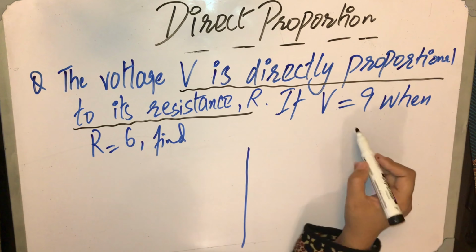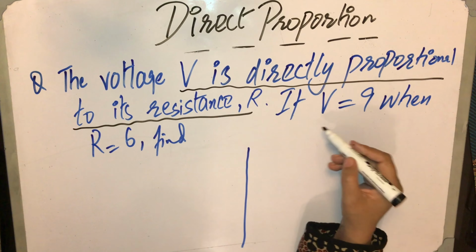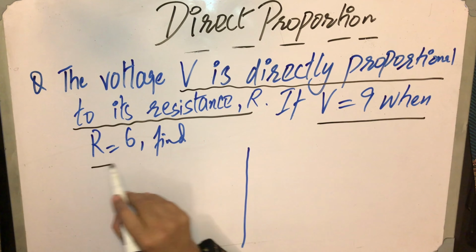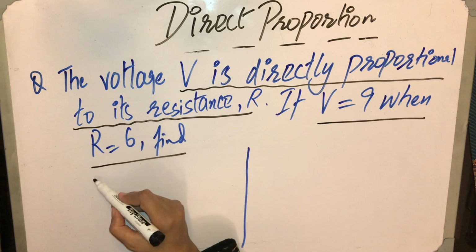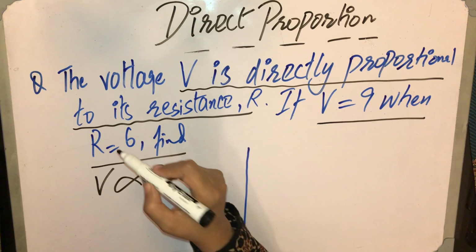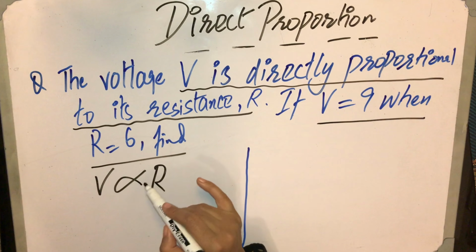So basically we are working on these things. We are not working on voltage or resistance. We are working on the variables V and R. If V is 9 when R is 6 and V is directly proportional to R.